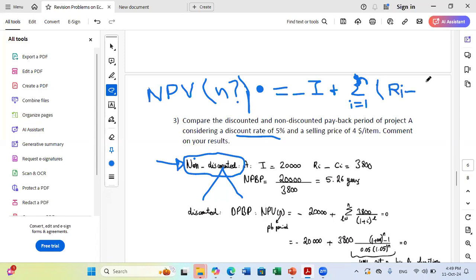And here, should I consider the salvage value in my equation? We said that the salvage value we always take at the end of lifetime.